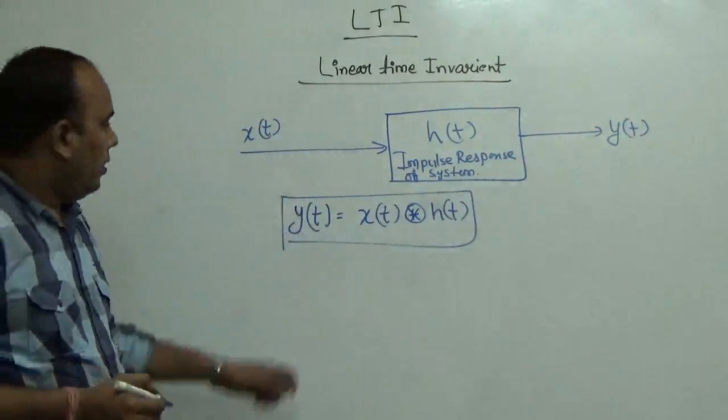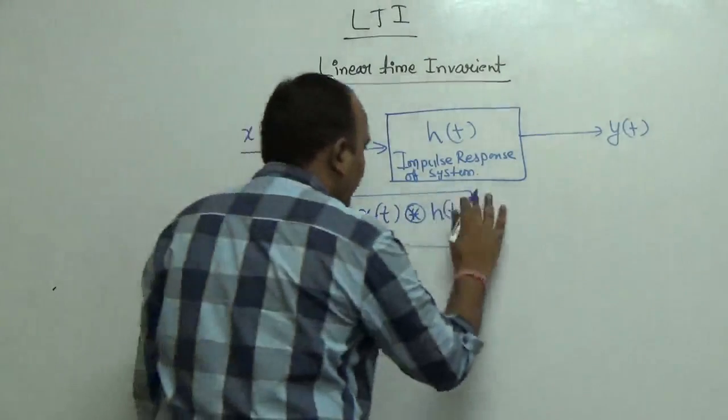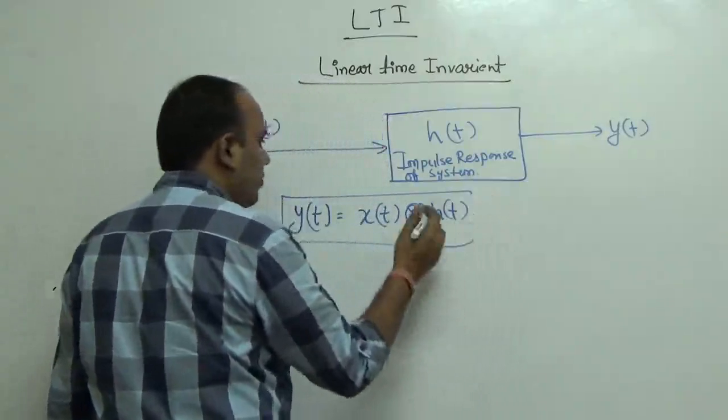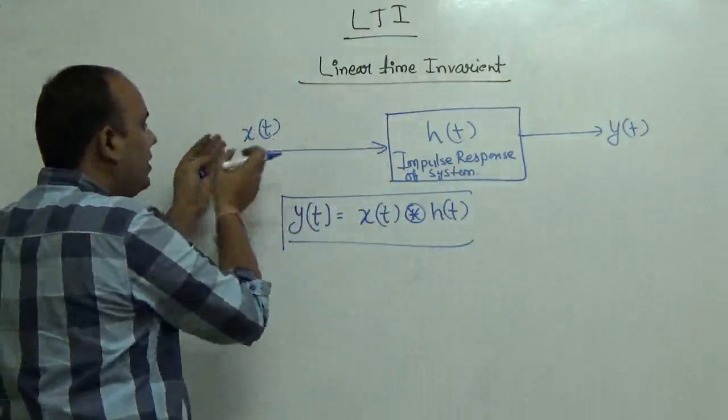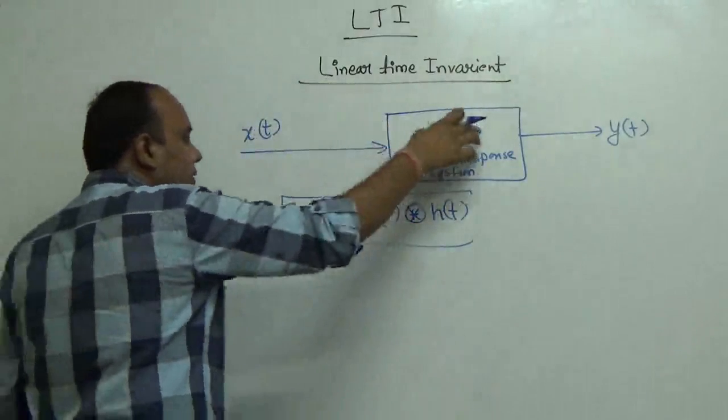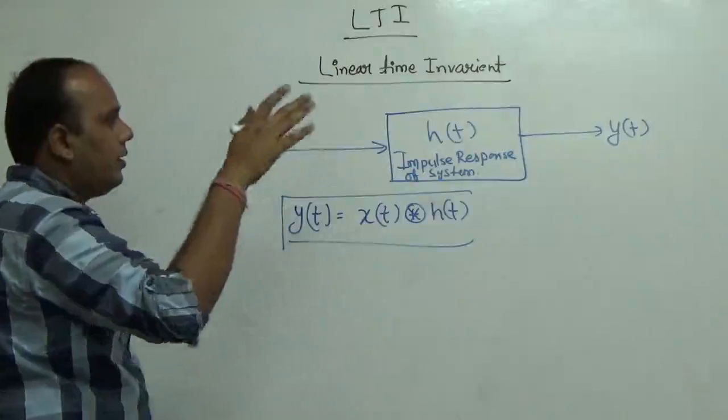Now, what is the physical meaning of this convolution? x(t) is one signal in the time domain, h(t) is again a signal in the time domain.